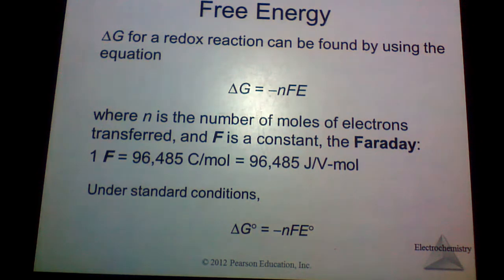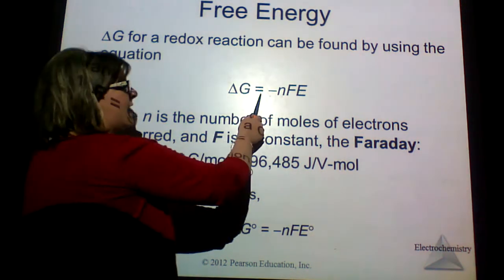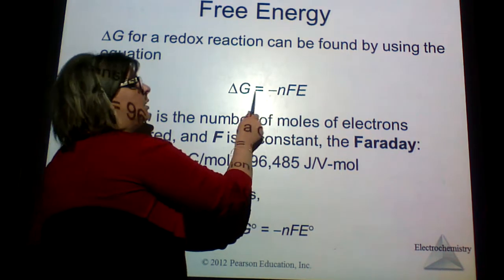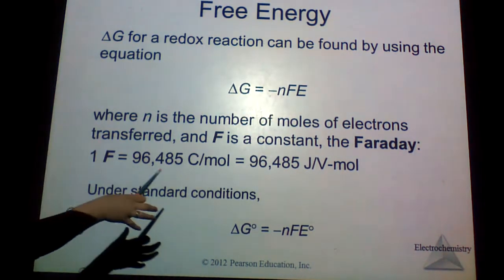Okay, so how do free energy and cell potential relate to one another mathematically? We know that delta G is our free energy, that's Gibbs free energy, and we have mathematically found that delta G relates to cell potential by being equal to negative N times F times E. E represents my cell potential.